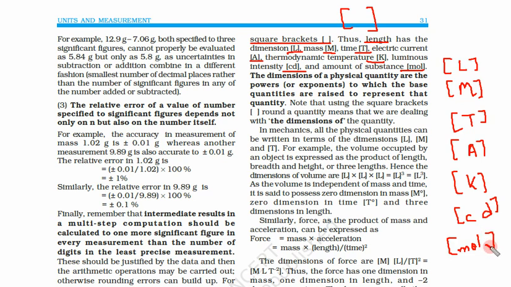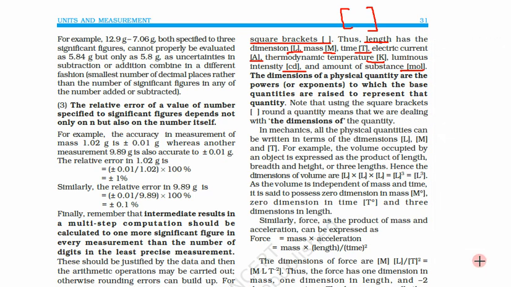So what is the significance of these 7 dimensions? We can represent any physical quantity using these dimensions. The dimensions of a physical quantity are the powers or exponents to which the base quantities are raised to represent that quantity.